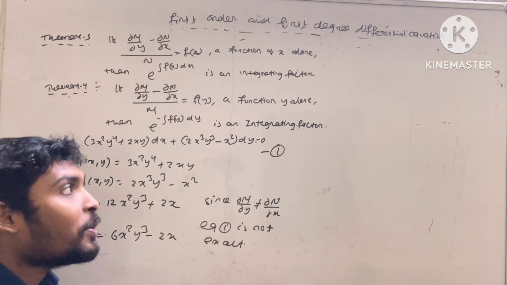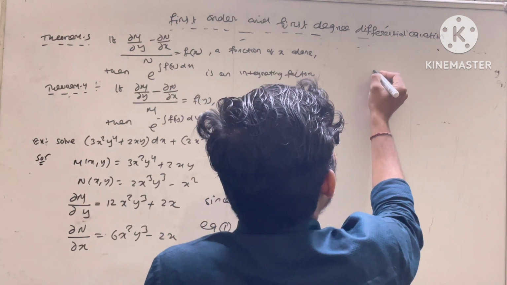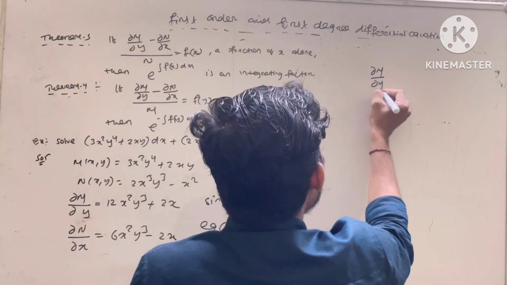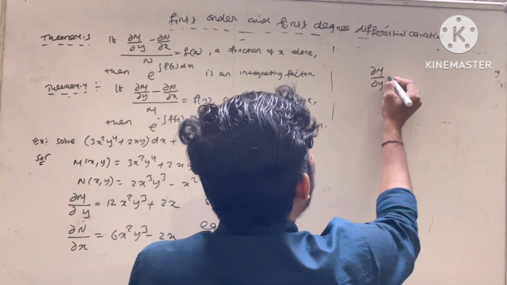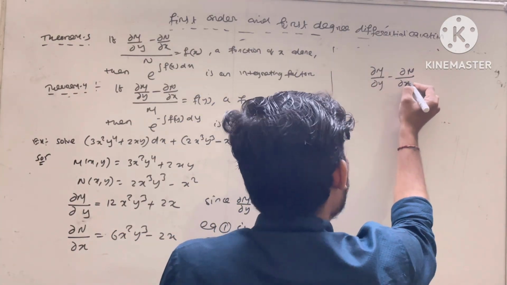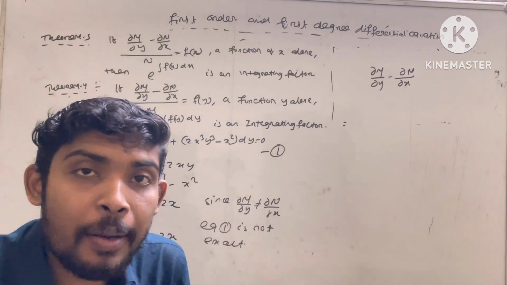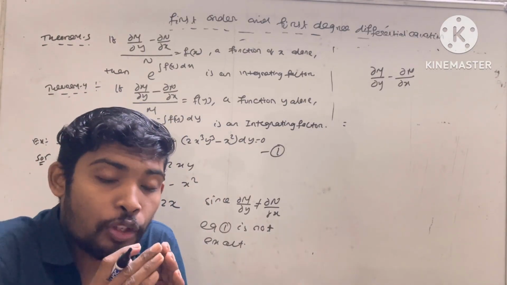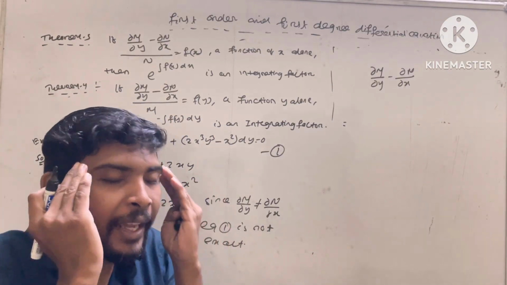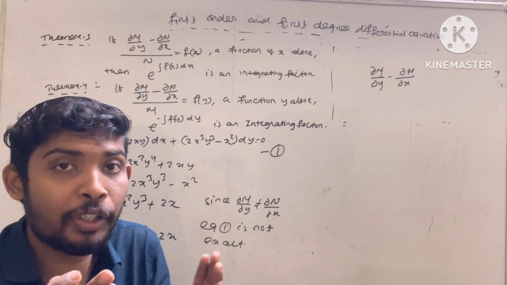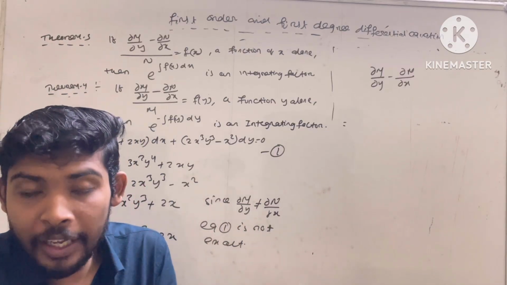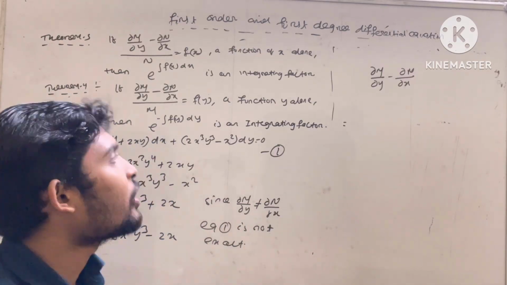So now we have to find the integrating factor. Look very carefully. Del M by del y minus del N by del x is what? First of all, don't divide by M or N. First of all, subtract, and think carefully. After that, you divide by M or N depending on the result.